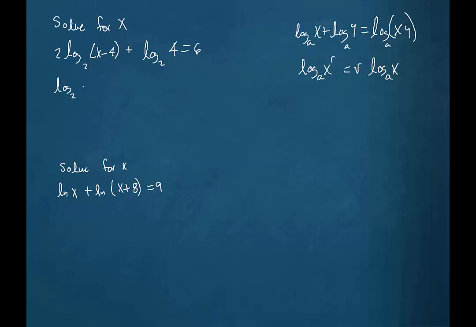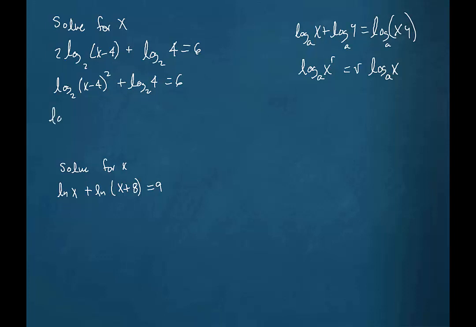We'll have log base 2 of (x minus 4) squared plus the log base 2 of 4 is equal to 6. Now we can multiply here because a sum of logs is equal to the log of a product.